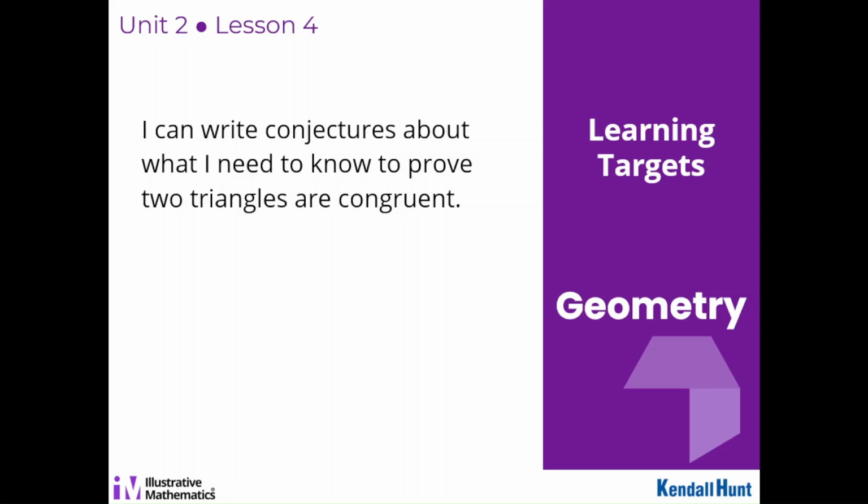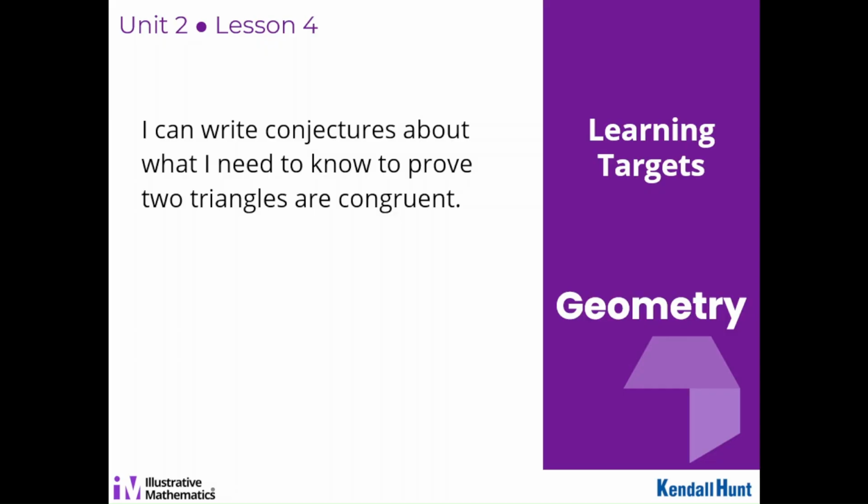And this one says that you can write conjectures about what you need to know to prove two triangles are congruent. So what they mean here is that you can write statements as to the three different sets of information that you need in order to prove two triangles are congruent.